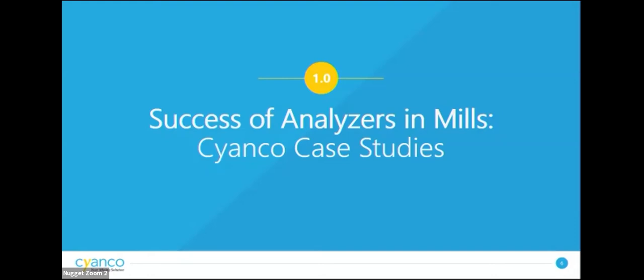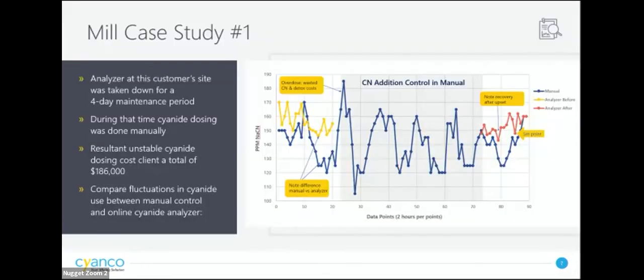To demonstrate the success of cyanide analyzers in heap leach, let's look at some case studies. Case study number one: the client's analyzer was taken down for 4 days for maintenance, and during those 4 days, the cyanide was controlled manually.